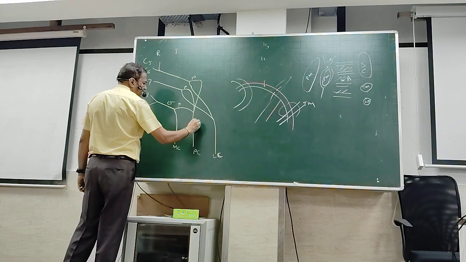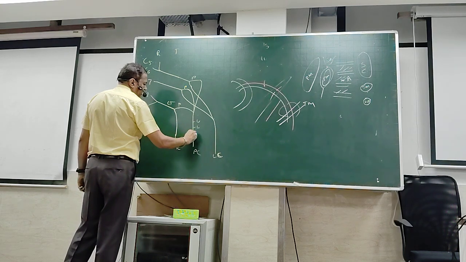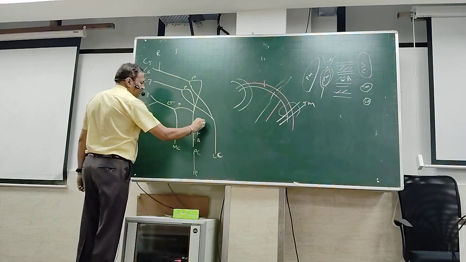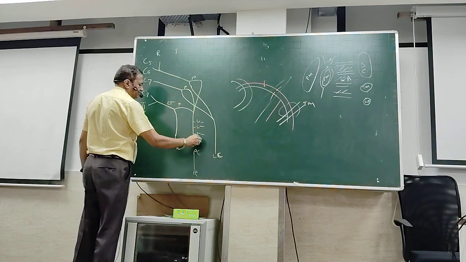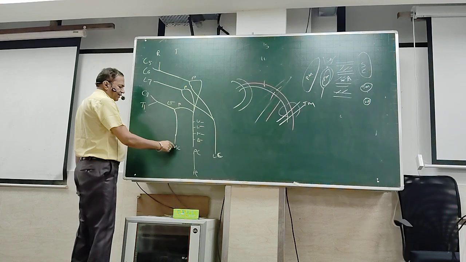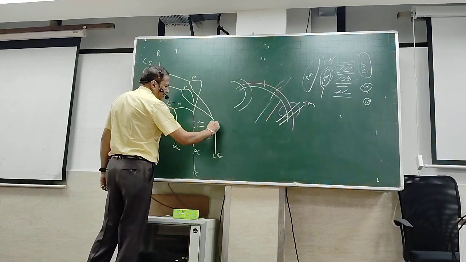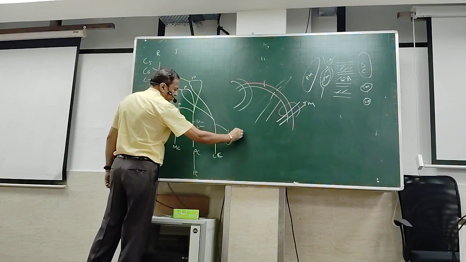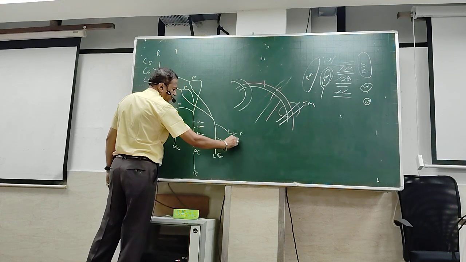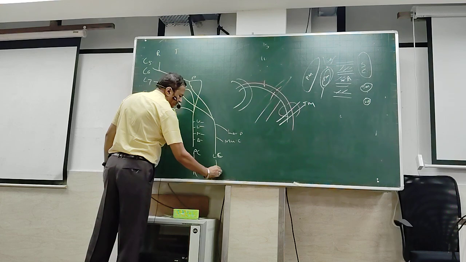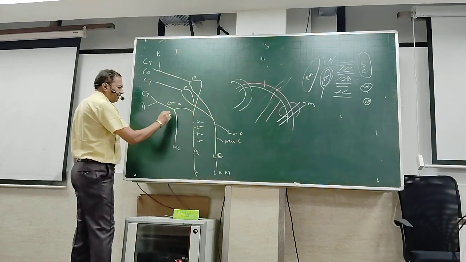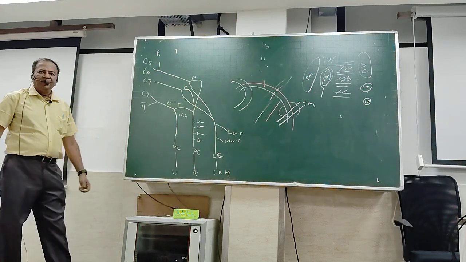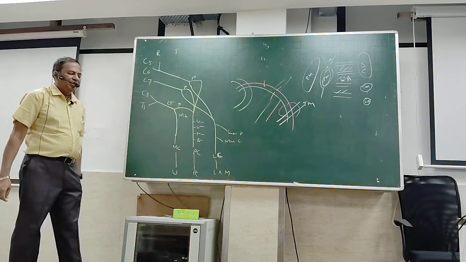The mnemonic for the posterior cord is ULNAR. It continues as radial, upper subscapular, lower subscapular, nerve to latissimus dorsi, axillary. The lateral cord is LML: lateral pectoral, musculocutaneous, and lateral root of median. Medial cord is M4U. U is the continuation, ulnar nerve.